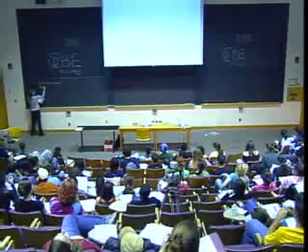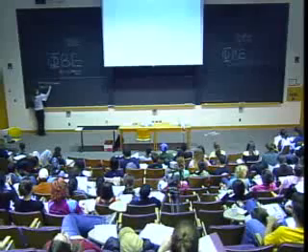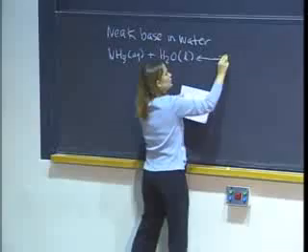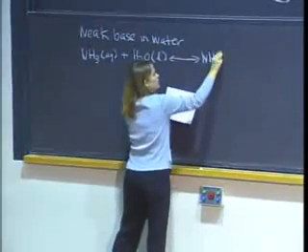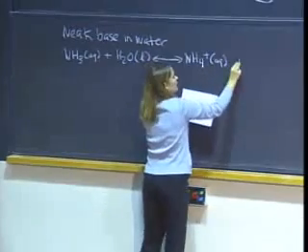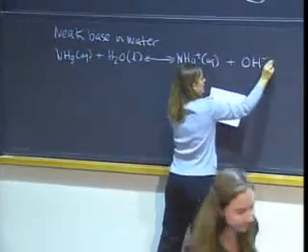So if we have NH3 plus water, it will go to the conjugate of NH3, which is NH4 plus, and hydroxide ion.